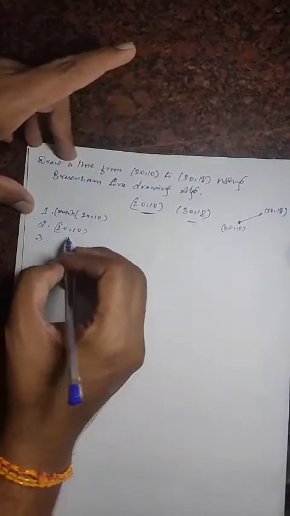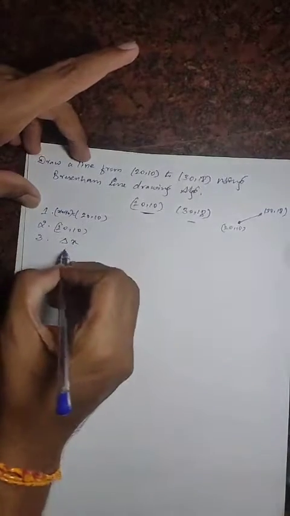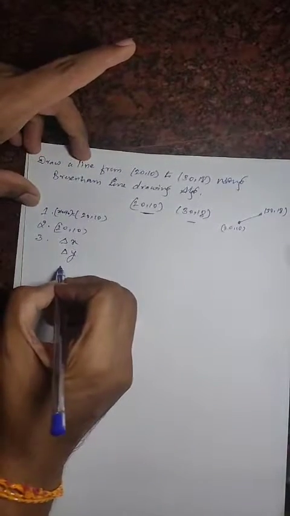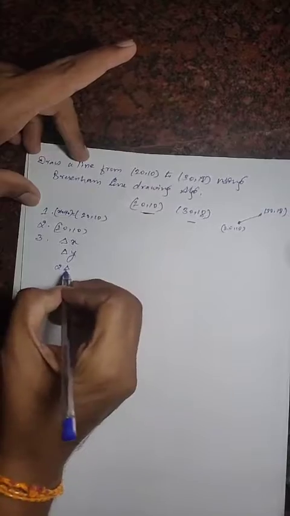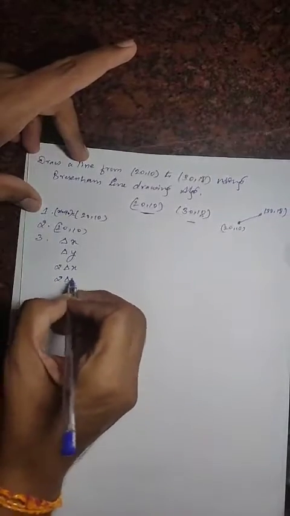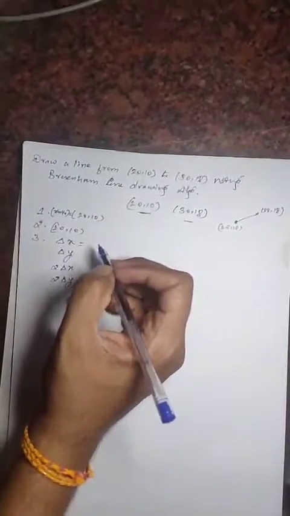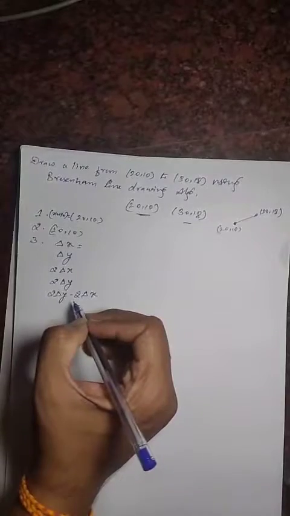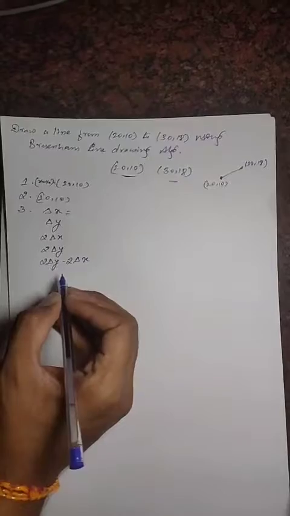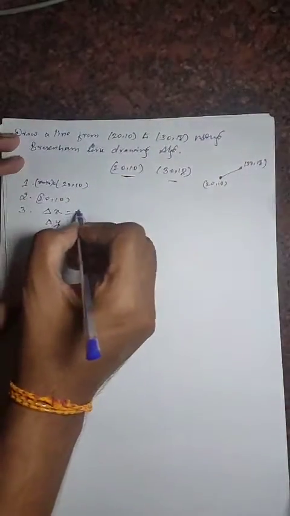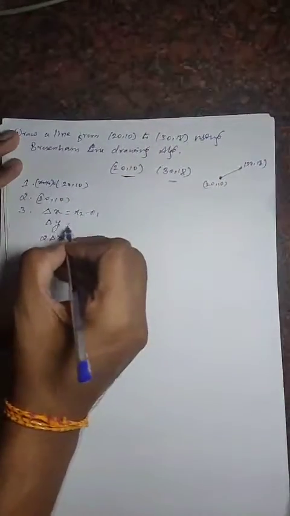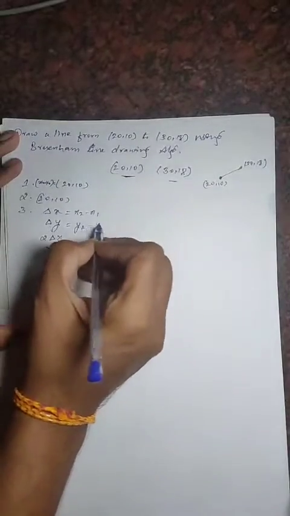Then coming to the third step, we need to calculate the delta x value, delta y value, then 2 delta x, 2 delta y, and another constant 2 delta y minus 2 delta x. So delta x is given by x2 minus x1, delta y is given by y2 minus y1.